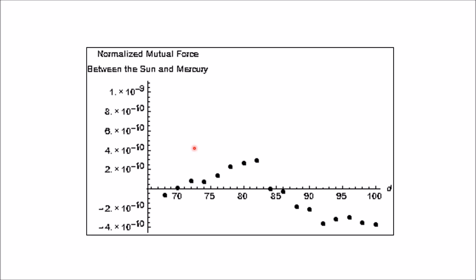So what I did was I took a look at the Sun-Mercury system, where the separation distances are given in terms of the radii of the Sun, and Mercury has a very elliptical orbit that goes from about 66 solar radii to 100 solar radii.